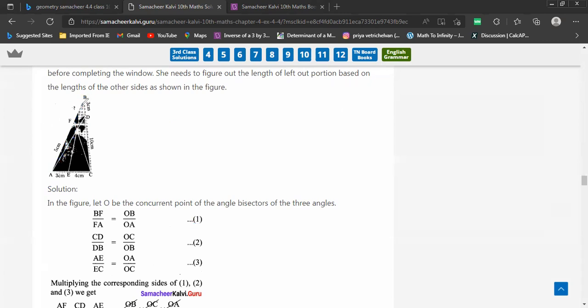And when you take this triangle, it would be CD upon DB equal to OC upon OB.